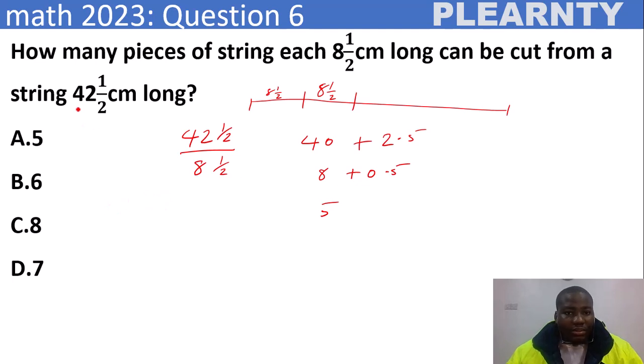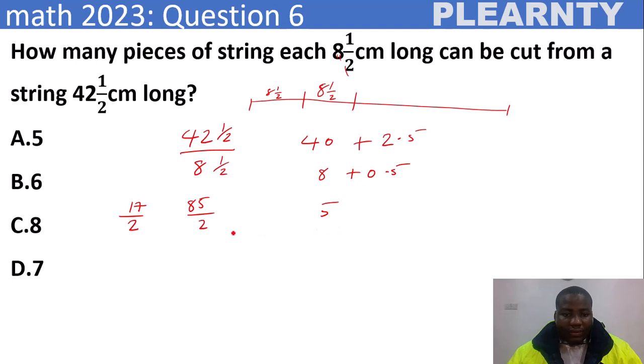When you have a mixed fraction like this, you can convert it to an improper fraction. So by saying 2 times 8, that's 16, plus 1, that's 17. You say 17 over 2. 42 times 2, that's 84, plus 1, that's 85 over 2.